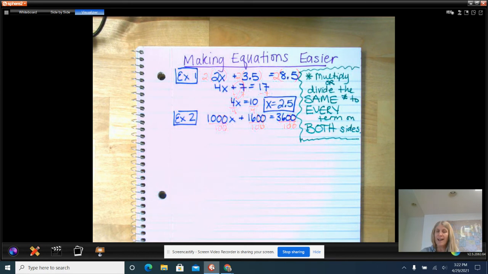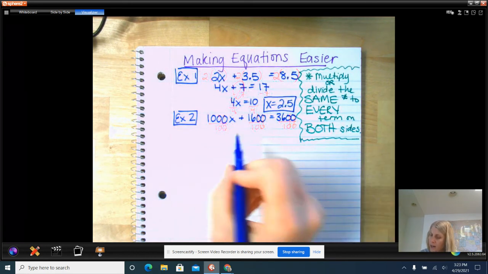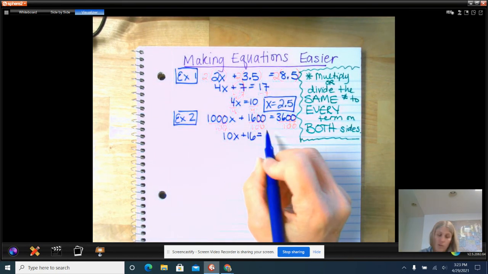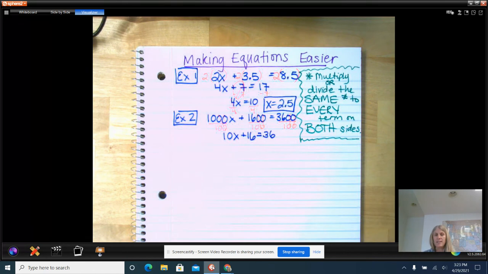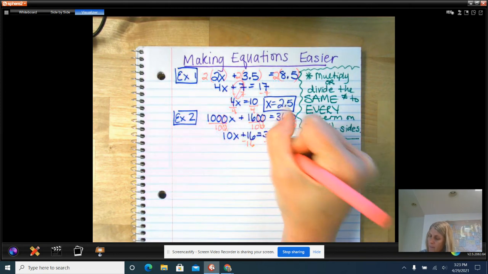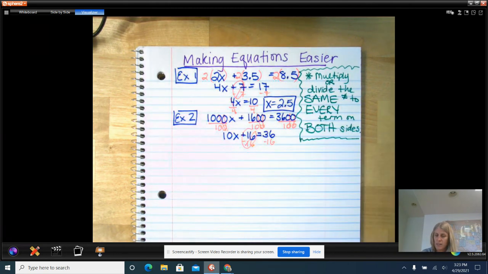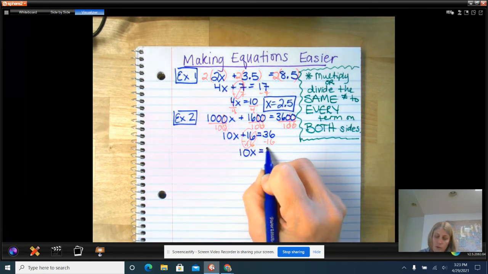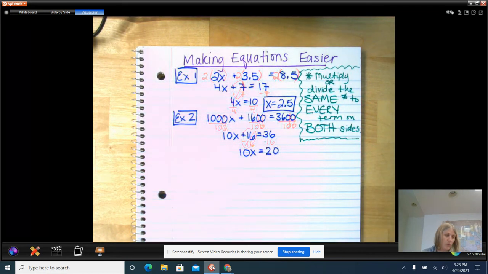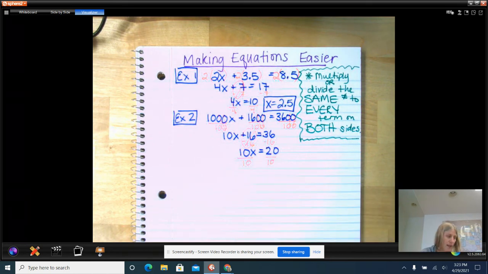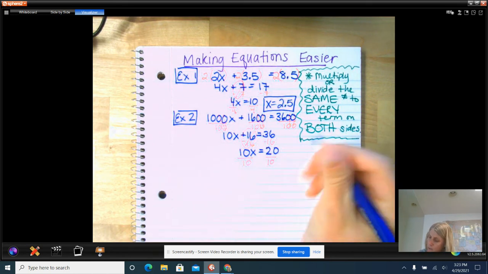And so when I divide every single thing on both sides, I end up with 10x plus 16 is equal to 36. And as you can see, because my numbers are smaller, it is much easier to solve, and I can solve it without a calculator now. So I'm going to subtract 16 from both sides, and I get 10x is equal to 20. Divide both sides by 10, and x is equal to 2.